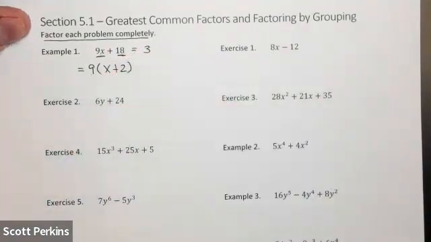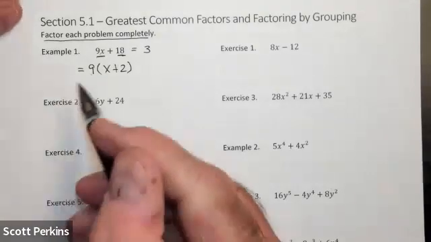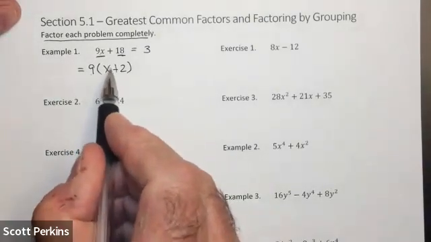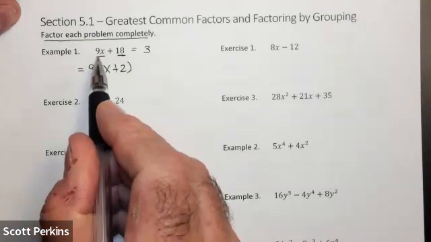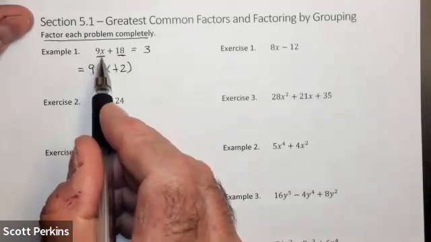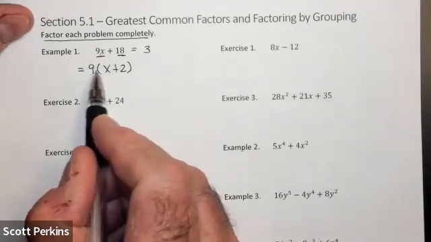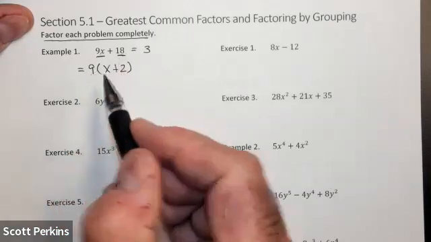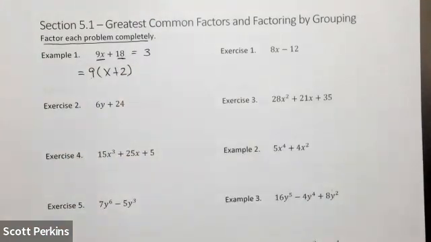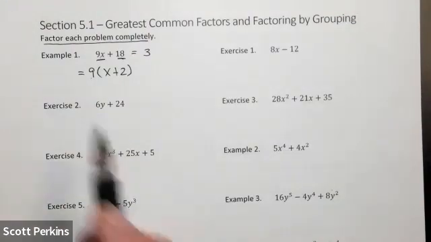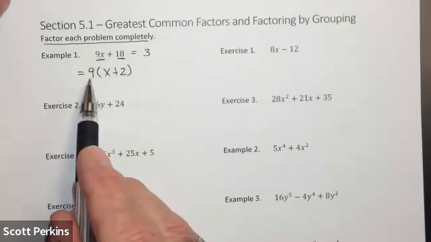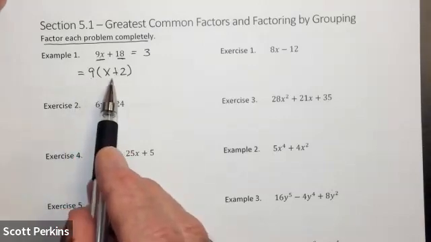Another way to think about it might work for you, if you don't like the division step. You might say, what in this space times x gives me 9x? Well, that's the x. And what in this space times 9 gives me 18? That would be 2. Just different ways of looking at the same thing. If you have another way of talking yourself through the problem, that's good. But this is the final, completely factored expression.